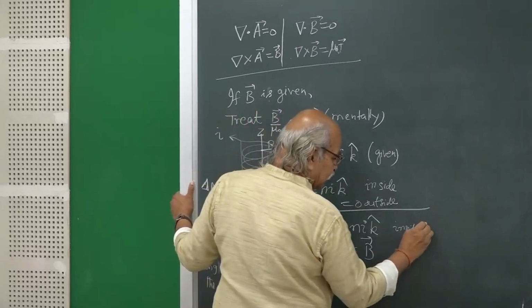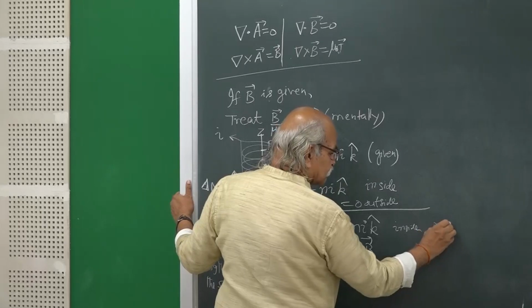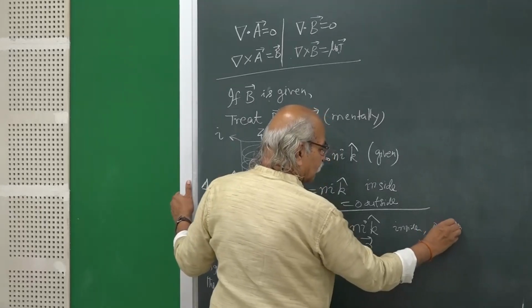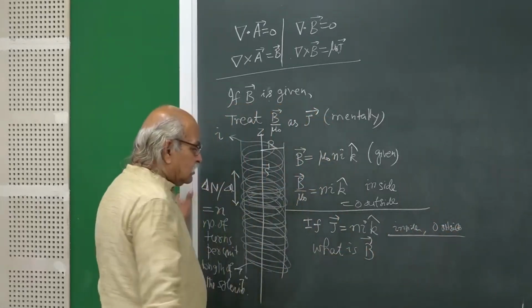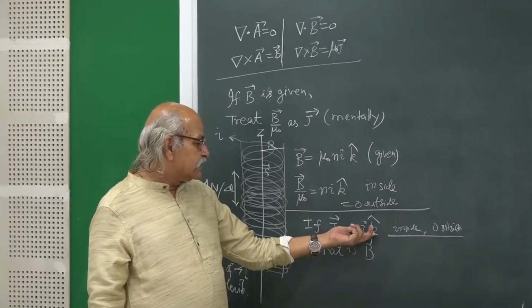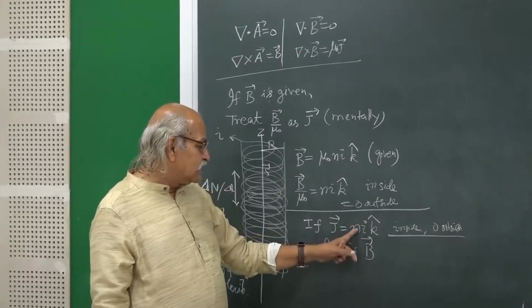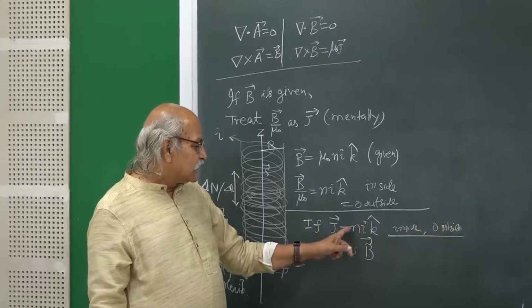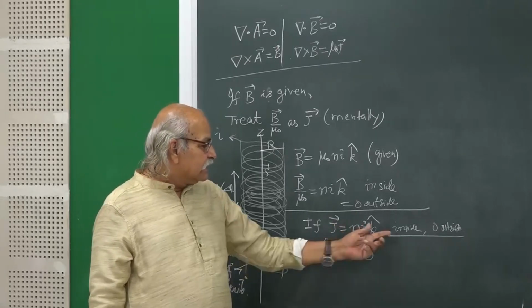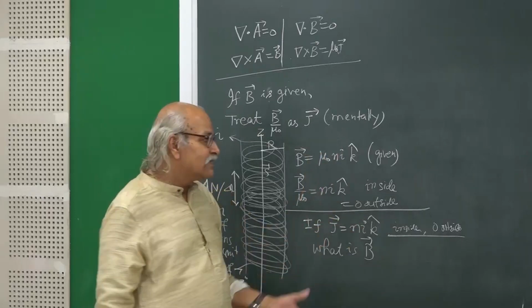So, inside and 0 outside. This is a constant, uniform current density, n into I, n is given, I is given, inside this volume, and outside there is no current density.